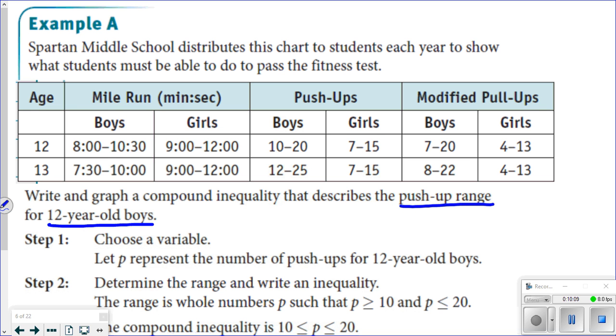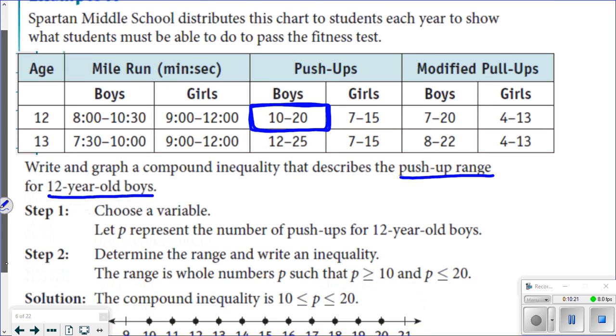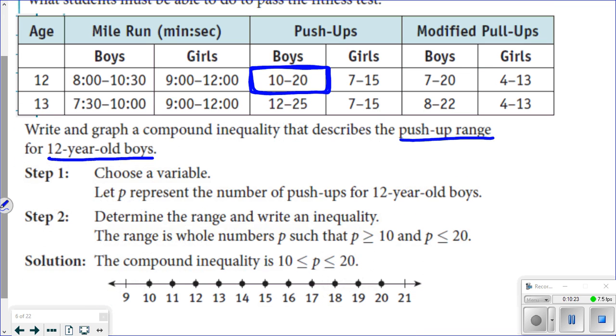So push-ups, boys that are 12, it's right here in your table, 10 to 20. That's a range of numbers. From 10 to 20, and everything in between is an answer or a possibility. It says to use P for push-ups, so that's the variable we are going to use.